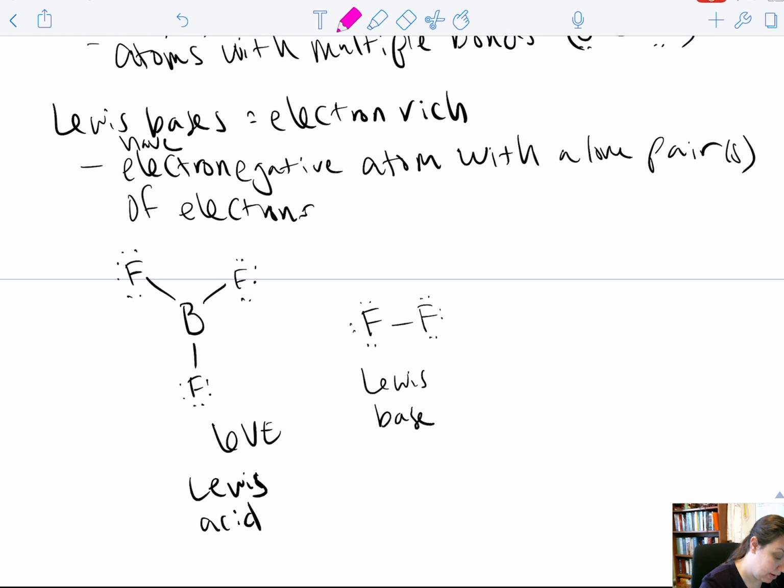And what would happen is we'd have that electron pair forming a bond with boron.